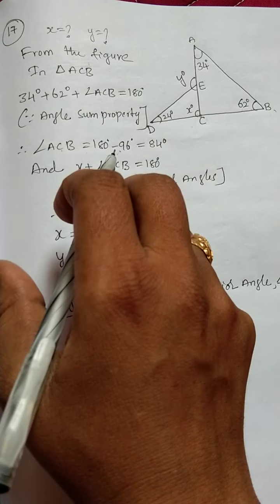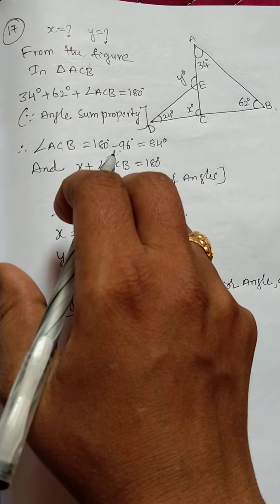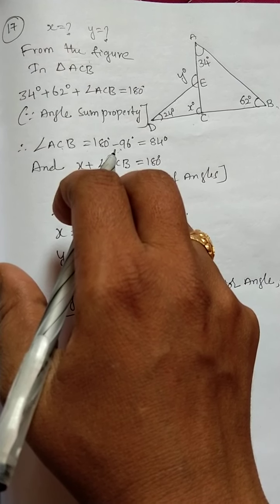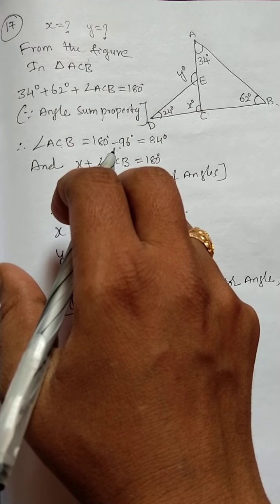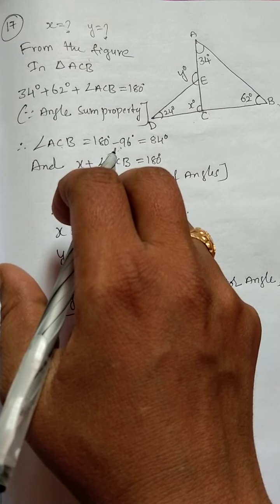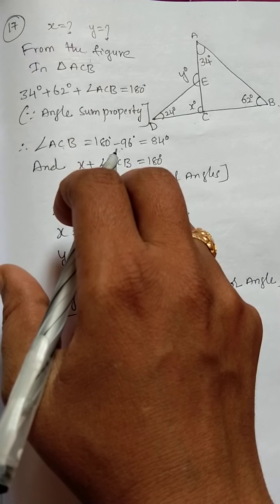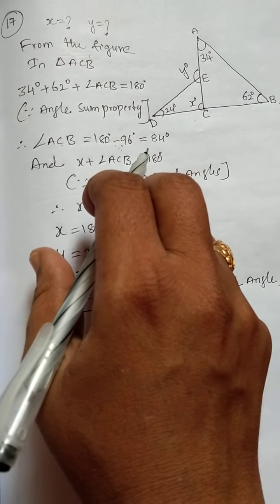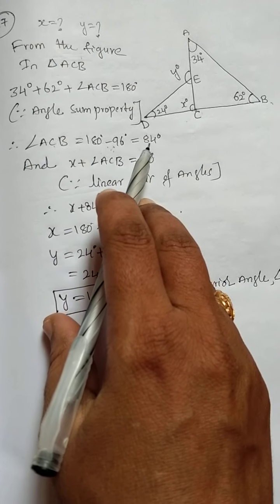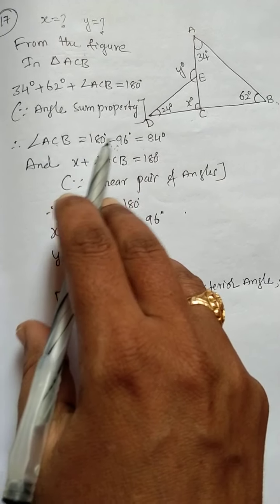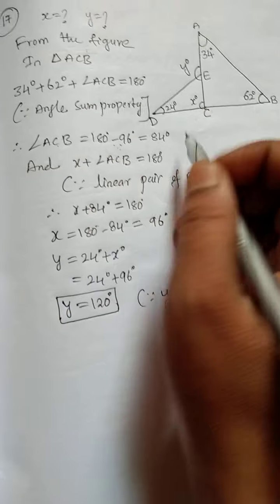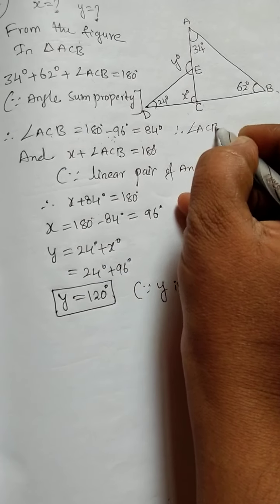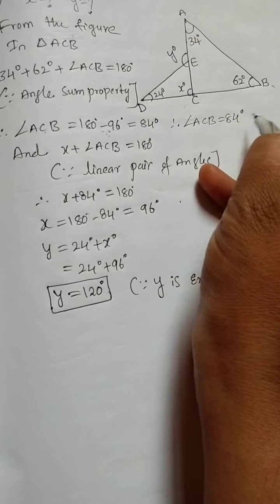Transpose of addition is subtraction, transpose of subtraction is addition, transpose of multiplication is division, transpose of division is multiplication. These are important terms, everyone remember. So 180 minus 96 equals 84. Therefore, angle ACB is equal to 84 degrees.